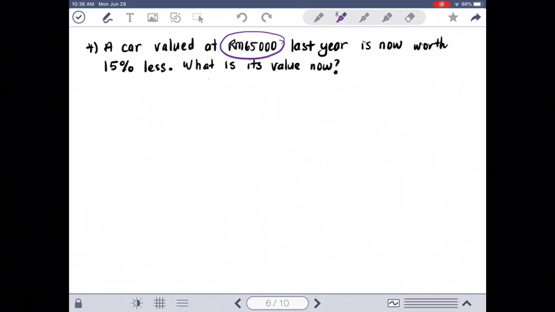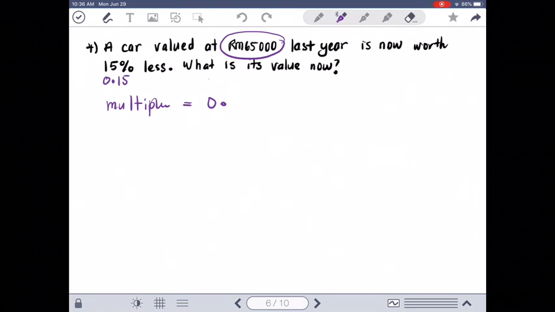If you buy a car at around maybe 100,000, by next year the price of the car might be reduced by maybe 15% or more. So our decrease multiplier.